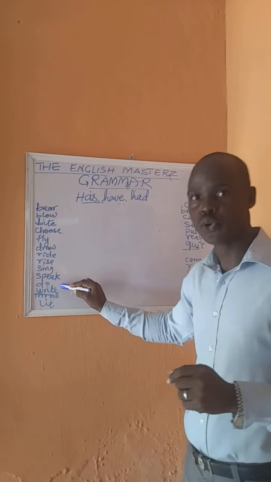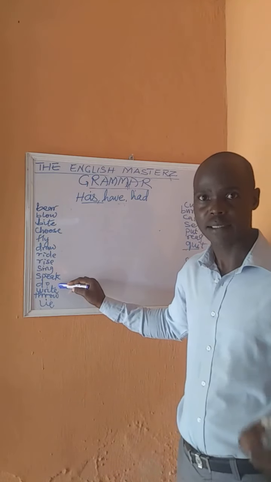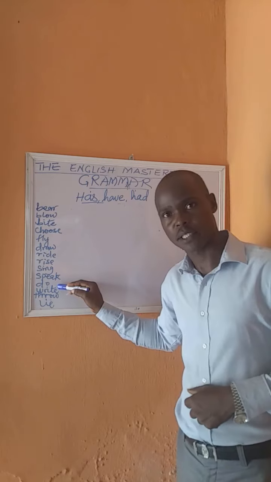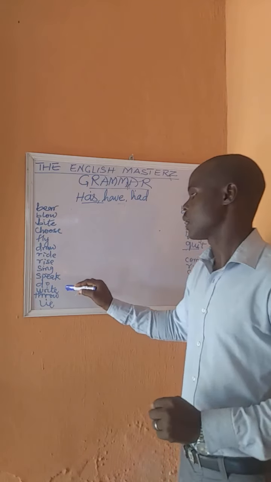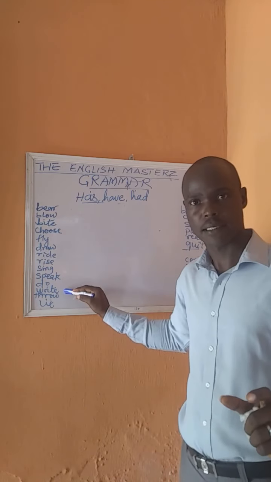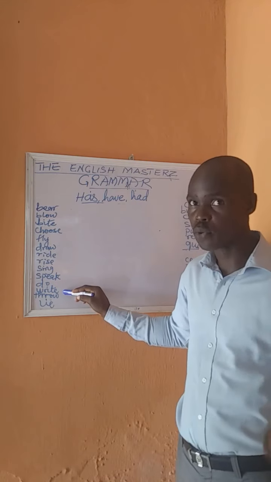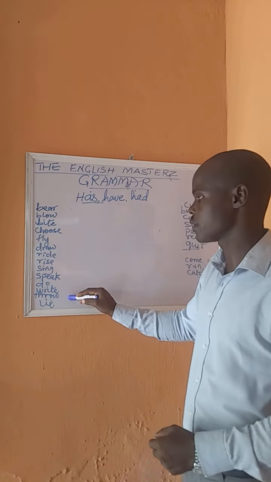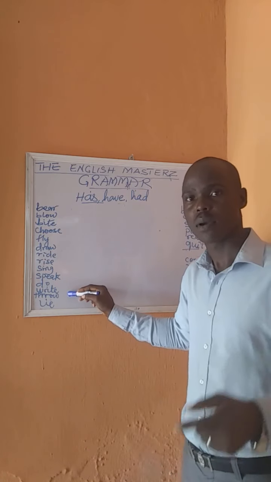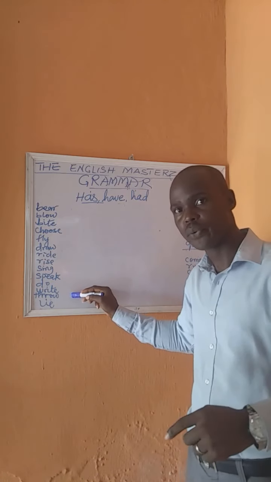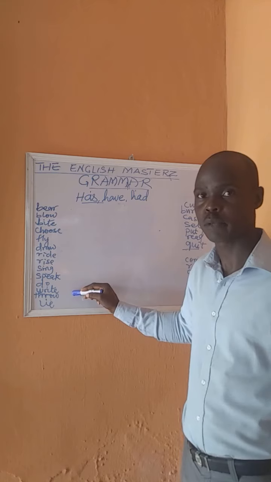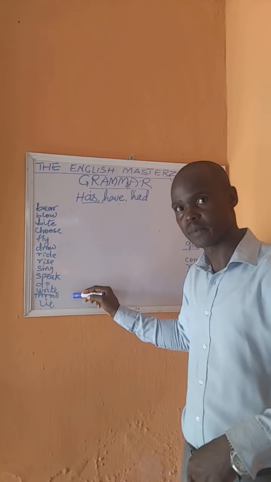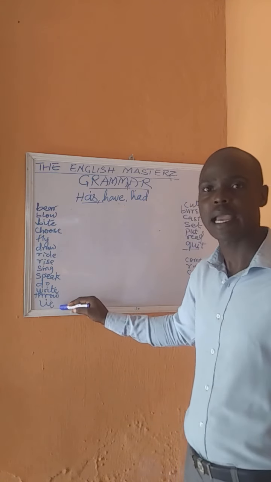Another is do. Past tense, did. Past participle, done. Now another word is write. Past tense, wrote. Past participle, written. Then another is throw. Past tense, threw. Past participle, thrown.